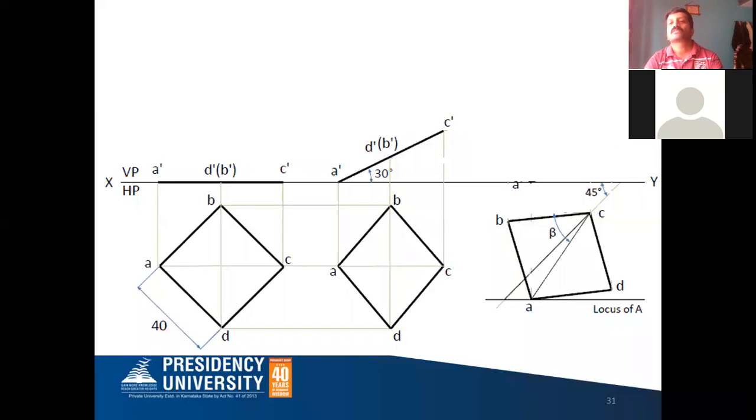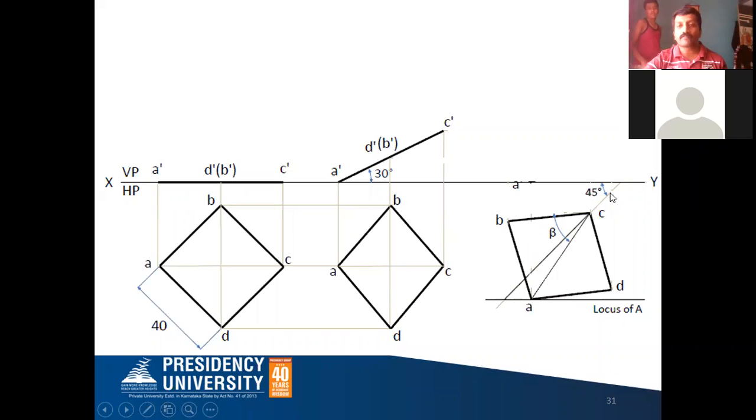So in the previous class also, one example we have discussed, the perpendicular bisector or median passing through the triangle, where we have taken the locus. Same thing we have to do here also. What you do? You draw on the right side, either in this direction you can draw a 45-degree line, or in this direction also you can draw the 45-degree line.